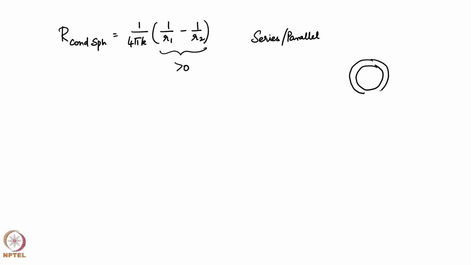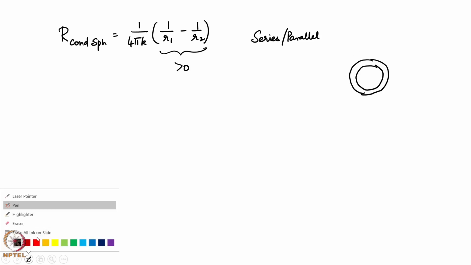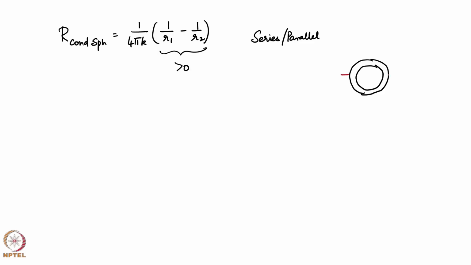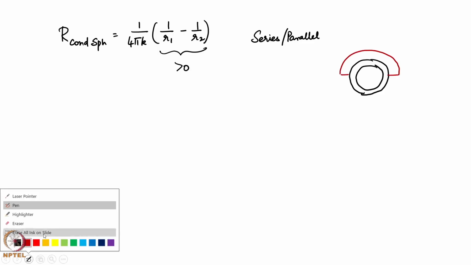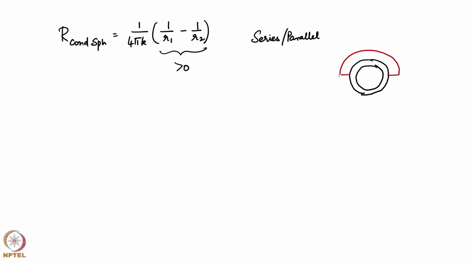So, this resistance is given by this. Then I have two materials providing insulation, one for the top half and one for the bottom half, like this, two different materials. Heat is going to flow along two different paths across the same temperature difference. So, you would have resistances in parallel and series.